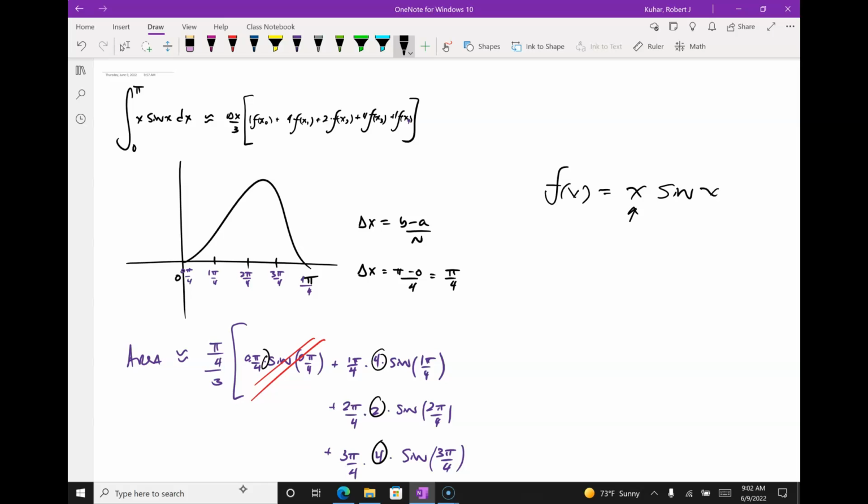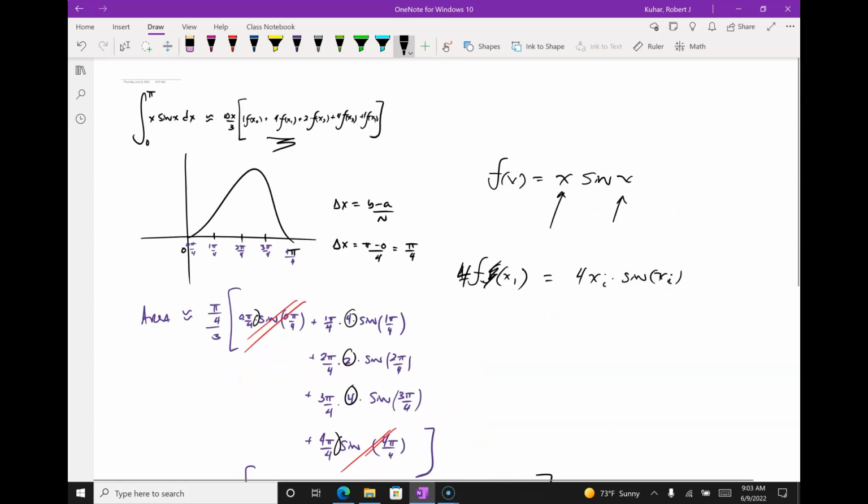So I've got to plug in for the x here, and I have the coefficient from Simpson's rule that's got to come in. Yes, yep. So 1 times f of x sub 1, whoops, right here, sorry, 4 times that, it's got to be 4 times x sub 1 times sine of x sub 1. Right, and I just switched my 4 and my x value there.